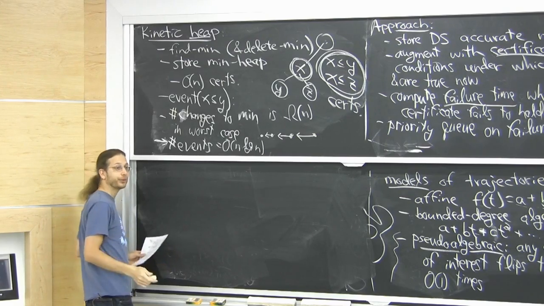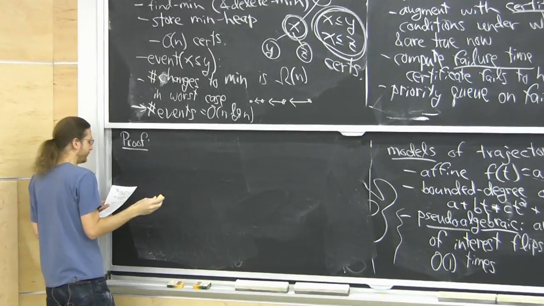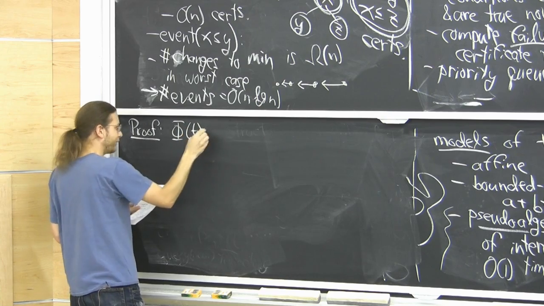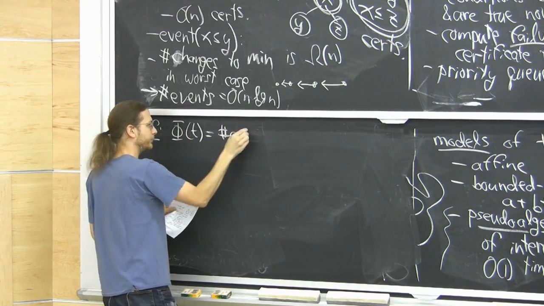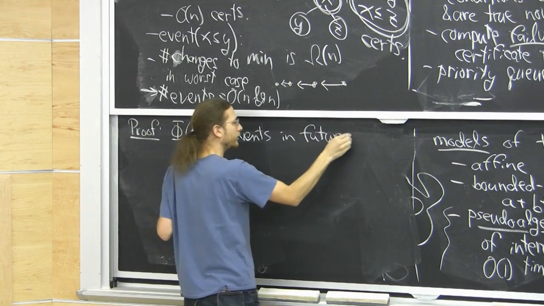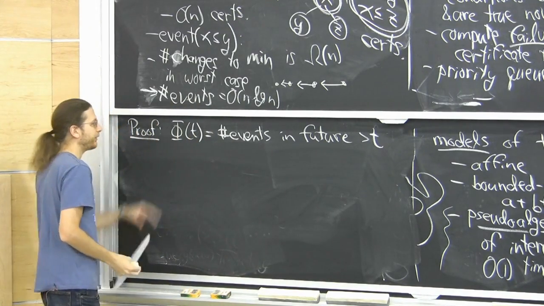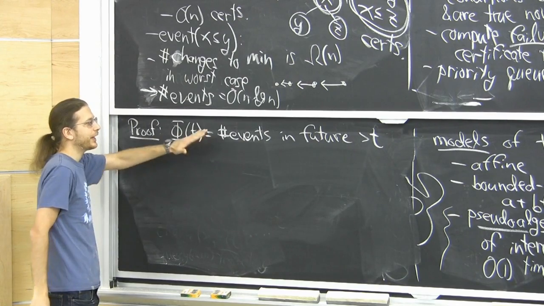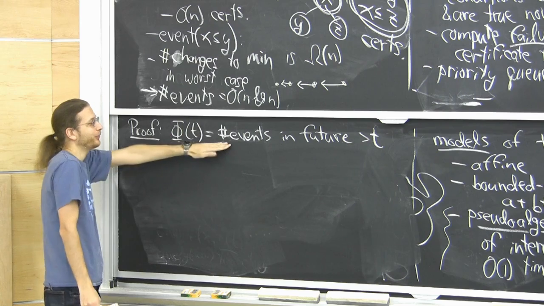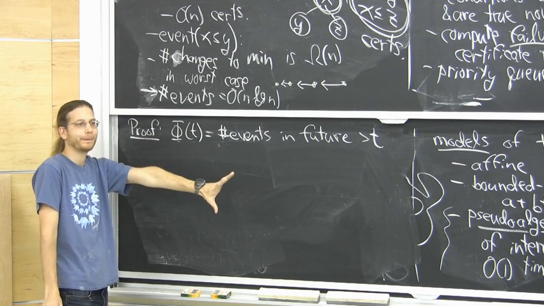We're going to prove this by amortization with a somewhat tedious potential function, but it's sort of the obvious one. At a time t, I want to define my potential at time t to be how many events will happen in the future. This is the thing I want to bound. Okay, so I want to prove this is order n log n at time 0. But let's think about how it changes over time.